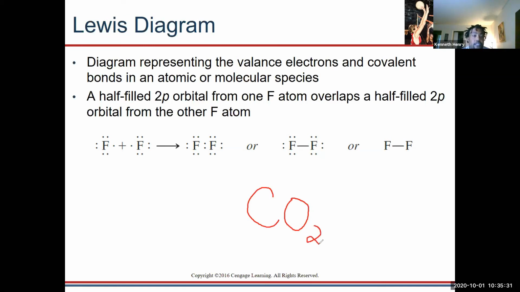So when we get to things like carbon and oxygen, the way that we determine who goes in the middle is based upon what we call the electronegativity. A quick way of determining electronegativity: if they are in the same period, the one who's closest to the noble gas is typically more electronegative. If you don't have that, we have another table called the electronegativity table.